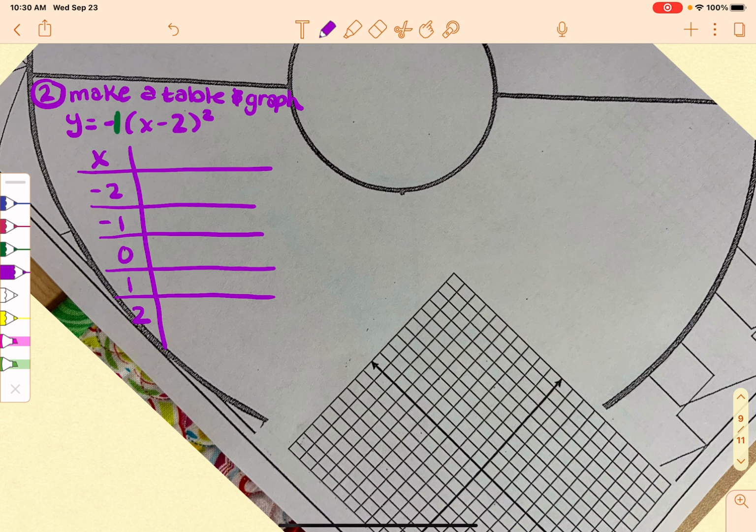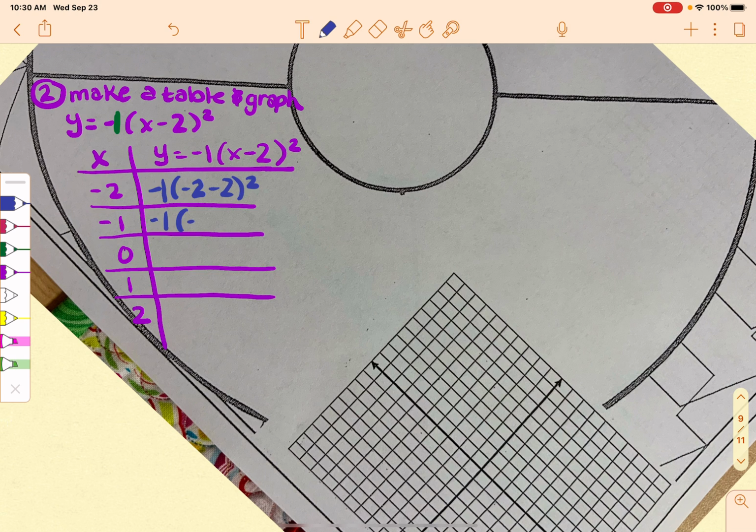And then remember, we're going to take this equation and put it right here. And now I'm going to go through and start plugging in these numbers where the x is at. So negative 1, negative 2 minus 2 squared.